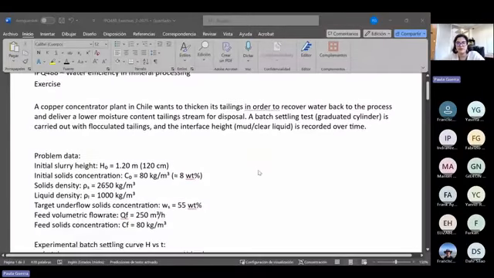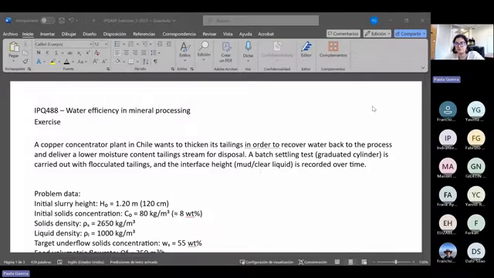If not, we can just keep paying attention and filling in your notes. Okay, so let's go back here, and now I'm going to share the screen where I have the exercise written. Here it is.